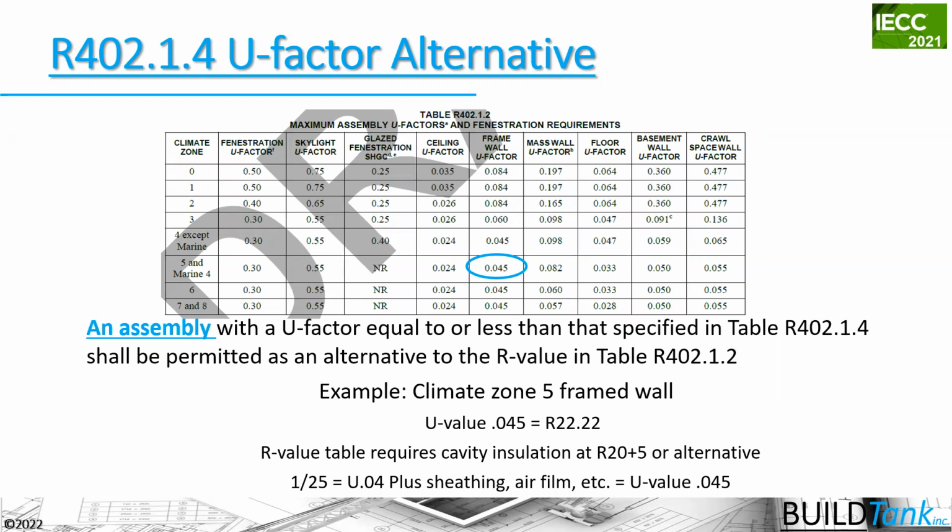So the only reason I'm really going into this detail is to demonstrate that the equivalency of the R value table and the U value table for the different components of our assembly that are detailed out there, they're basically getting at the same thing here.